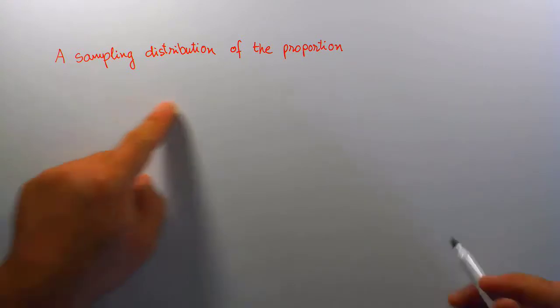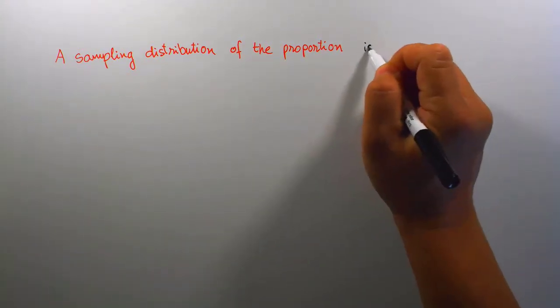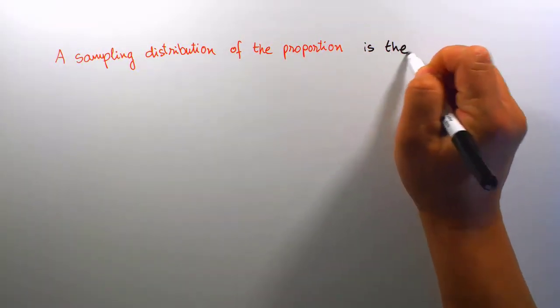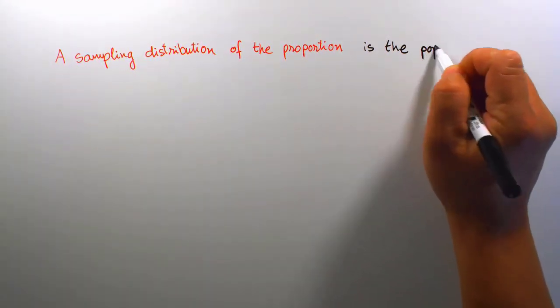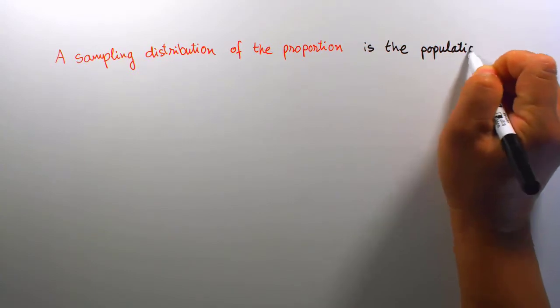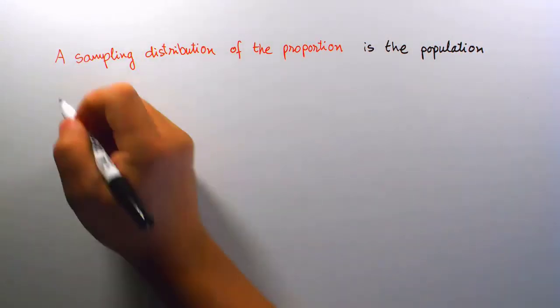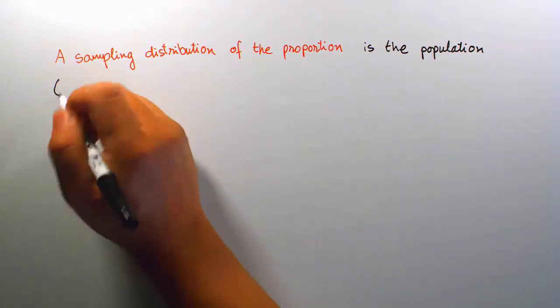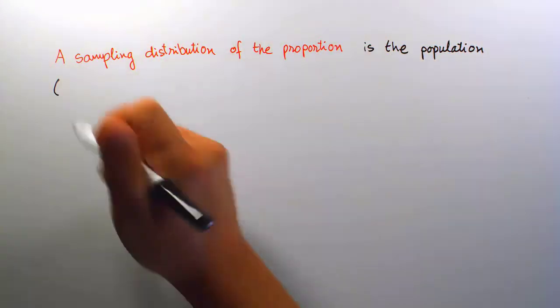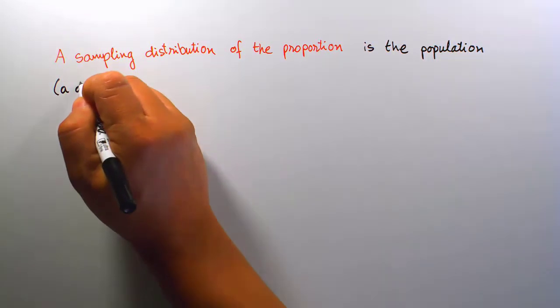A sampling distribution of the proportion is the population, or sometimes we refer to this as a distribution.